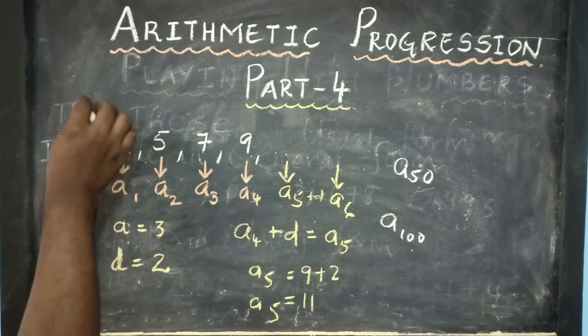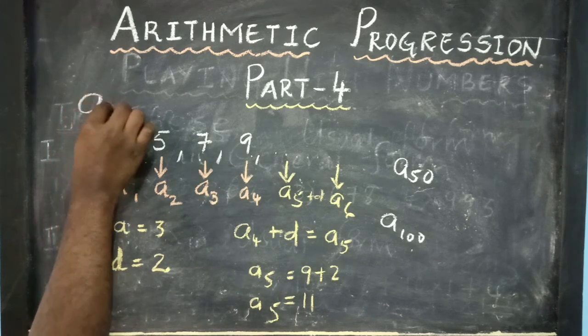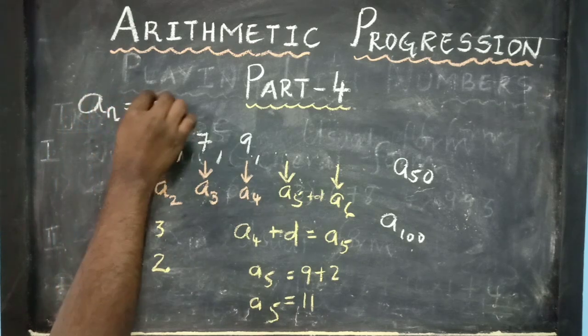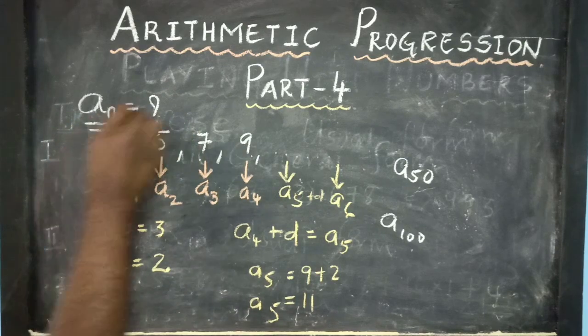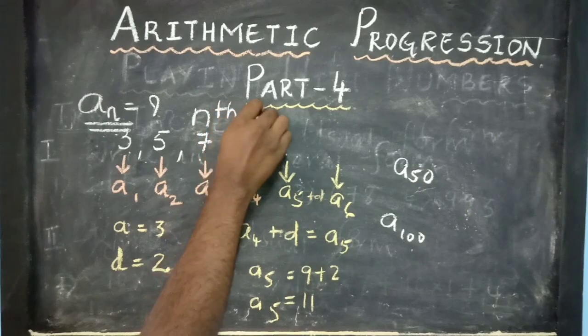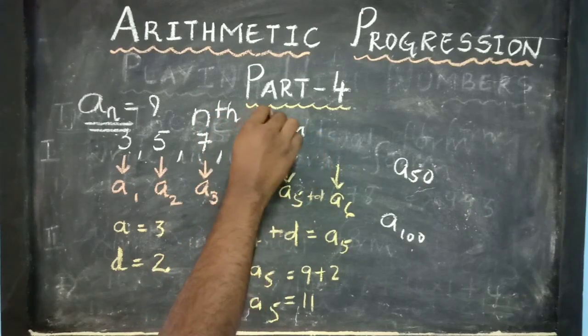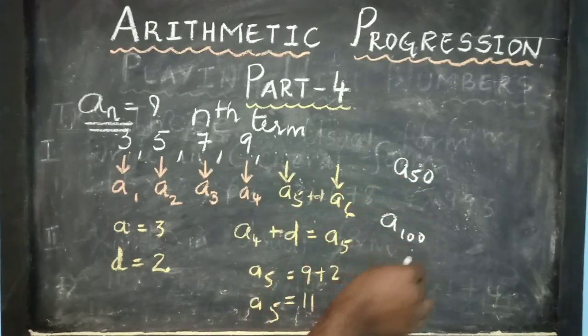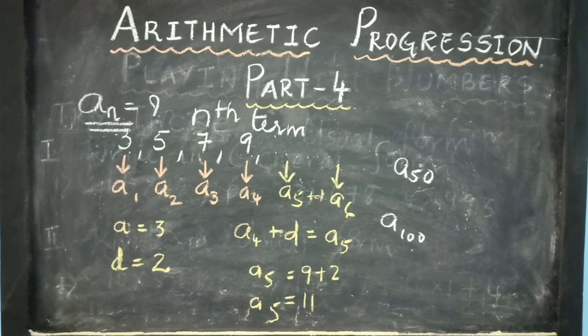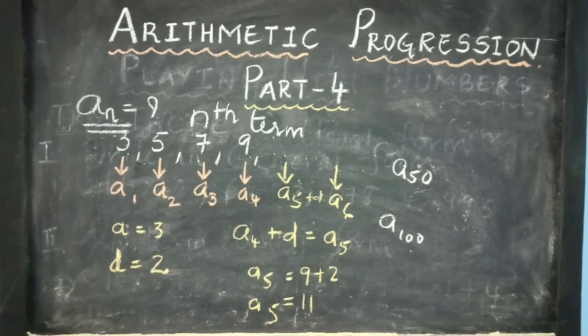Yes, it is possible by using the An formula. How to find out the formula of the nth term? Using the nth term formula, we can find out any term of the given AP. We shall see how to derive the nth term of an AP.